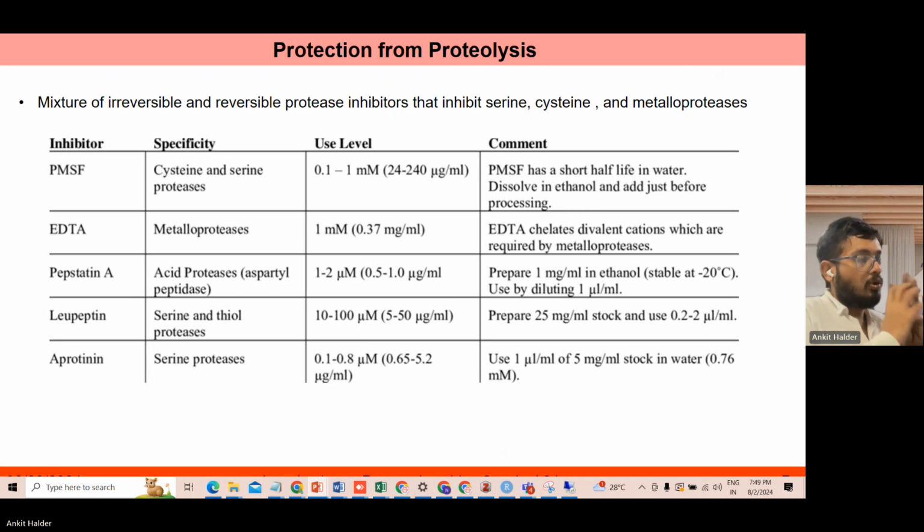All three, the serine, cysteine, and metalloprotease inhibitors, should be present in a cocktail complex.